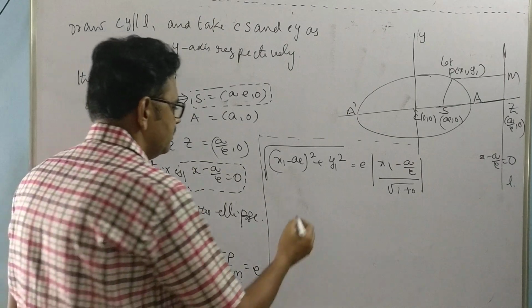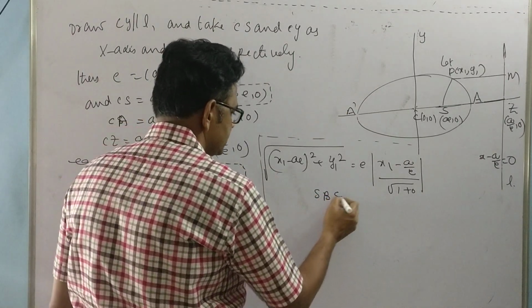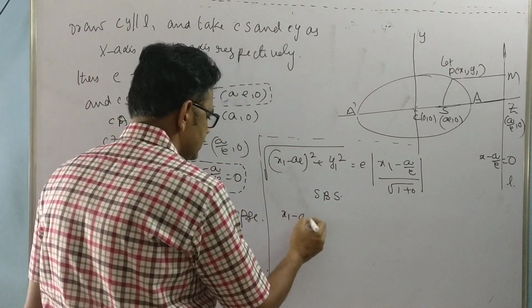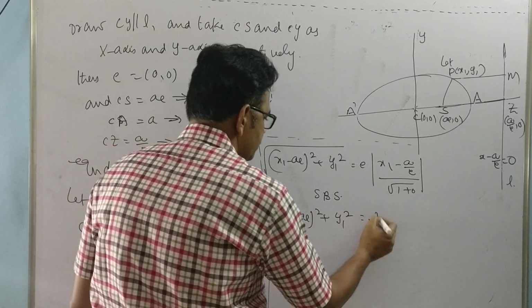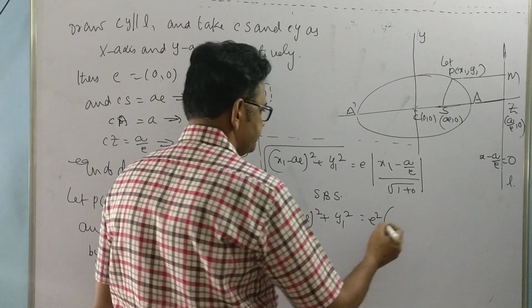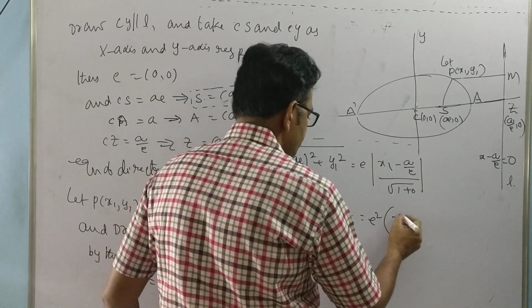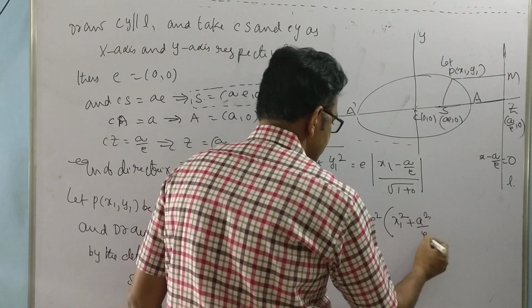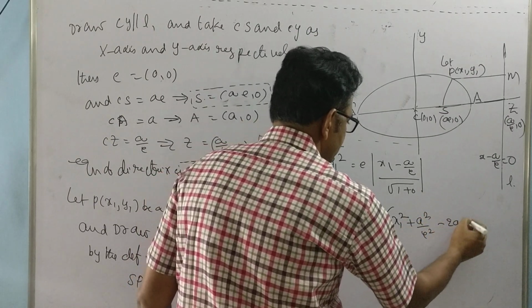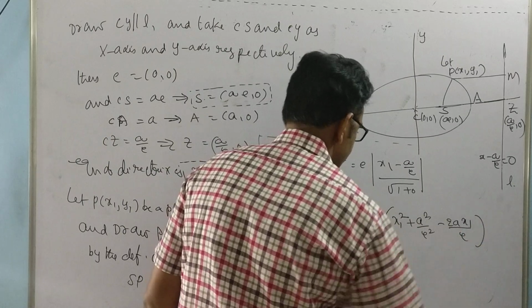Now squaring on both sides, (x1 minus AE) whole square plus y1 square equals E square into the square of (x1 minus A by E).